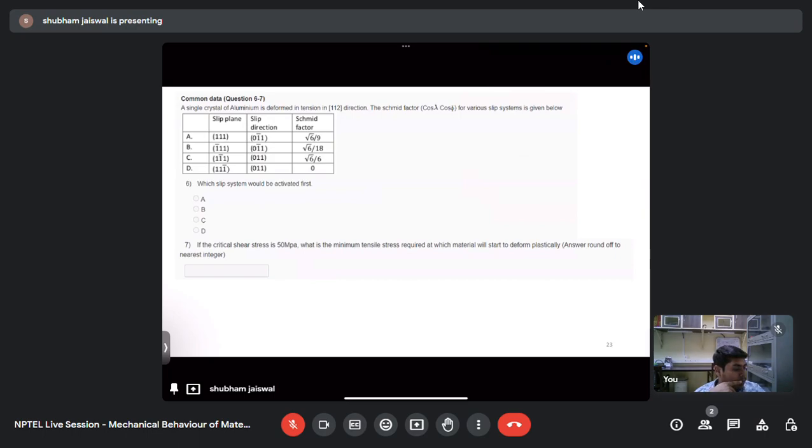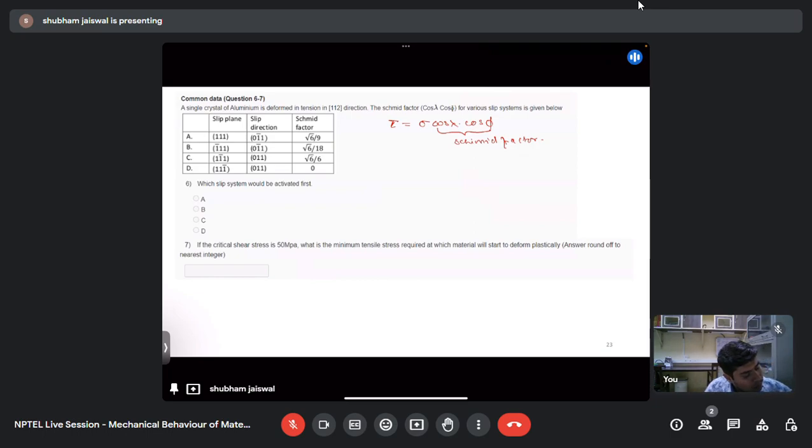Okay, so here we know that tau is equal to sigma cos lambda into cos phi, and this is nothing but a Schmidt factor. We know the slip system with the highest Schmidt factor will deform first.